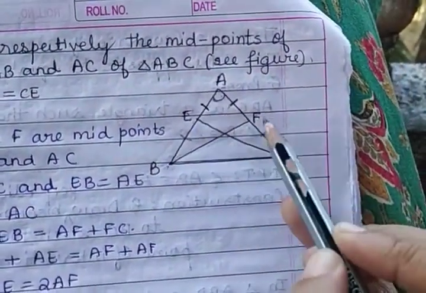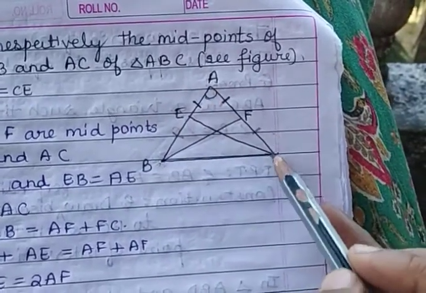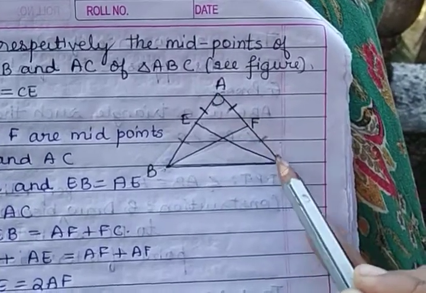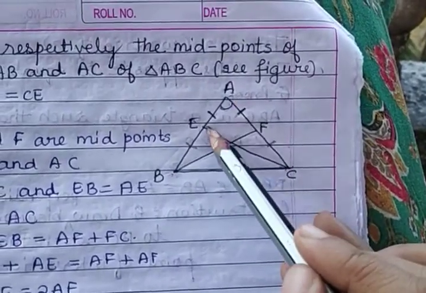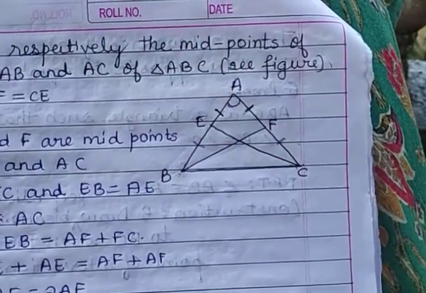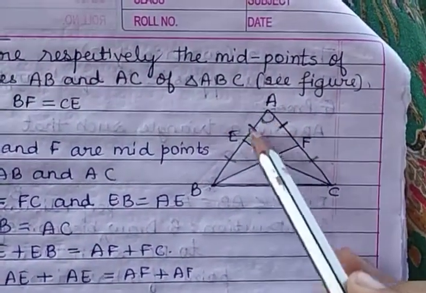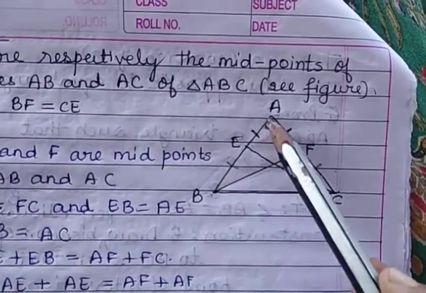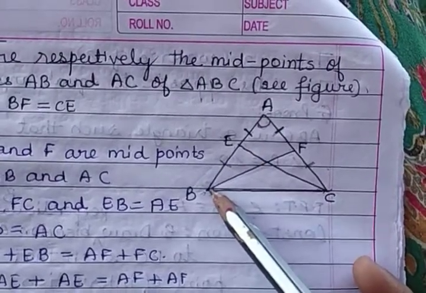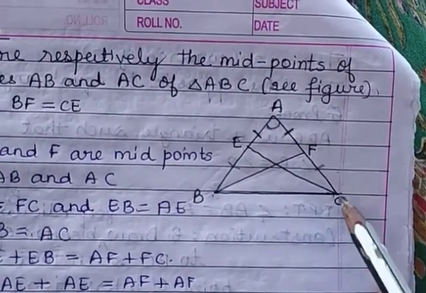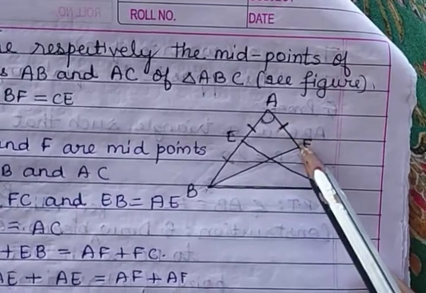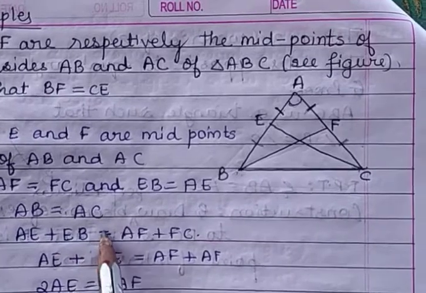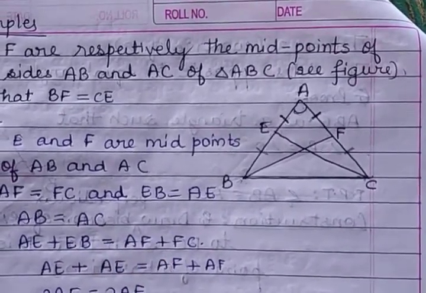Since E and F are midpoints of these two sides respectively, we have AF is equal to FC and AE is equal to EB. Now we already know that AB is equal to AC. AB can be written as AE plus EB, and similarly AC can be written as AF plus FC. So AE plus EB is equal to AF plus FC.